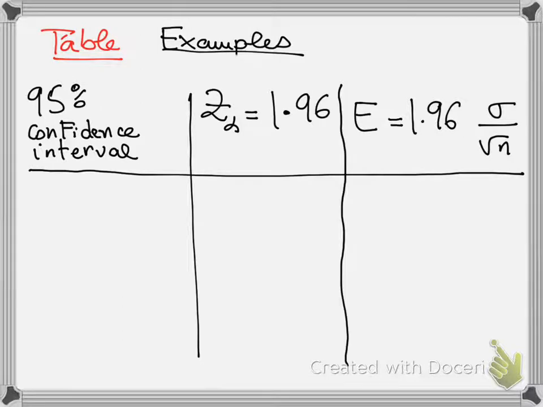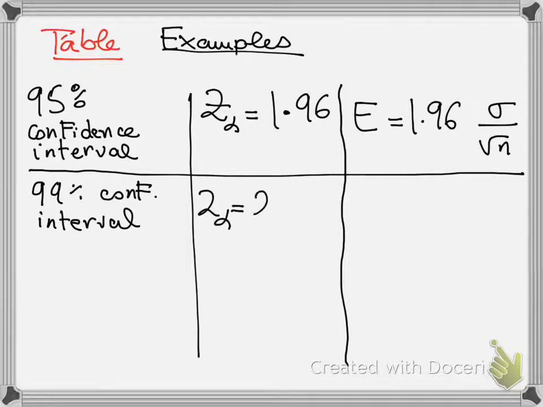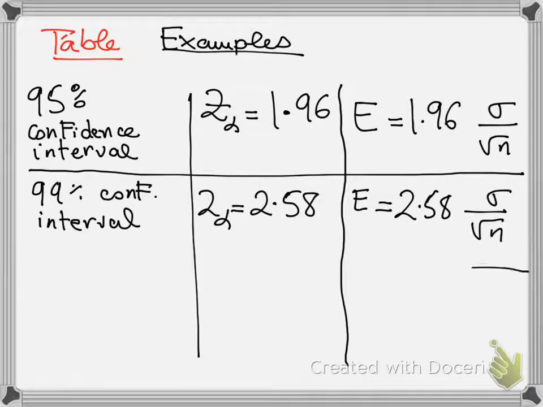If you want to find, let's say, a 99% confidence interval, then z alpha would be equal to 2.58, and the maximal marginal error E would be equal to 2.58 times sigma over square root of n.